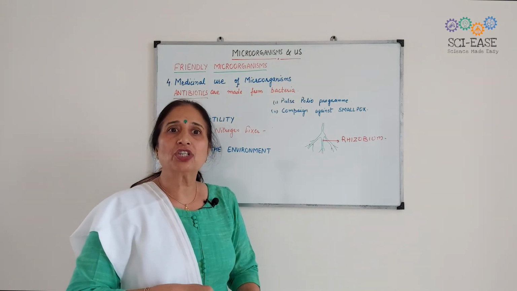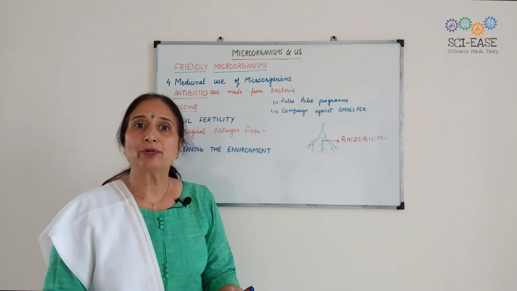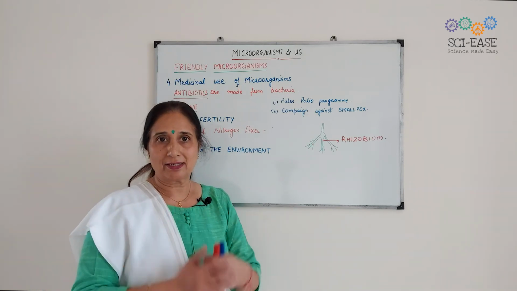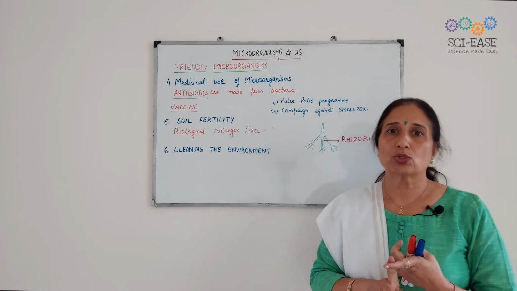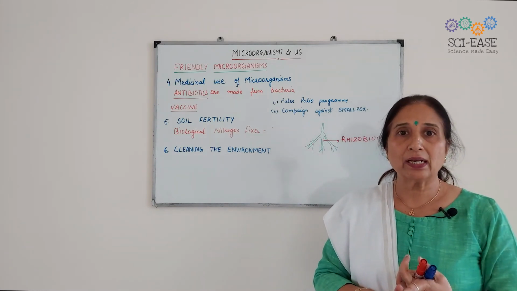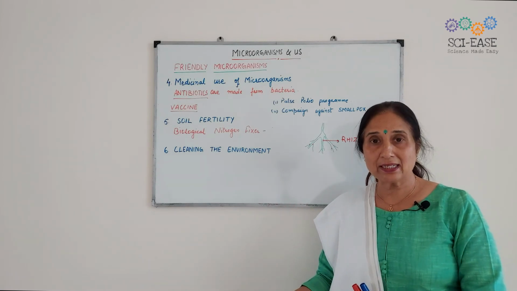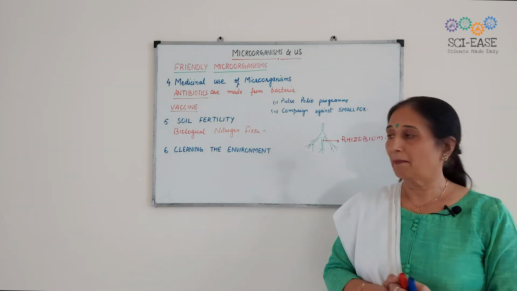What is its function? It fixes the atmospheric nitrogen into nitrates. In the same way, some blue-green algae also fix the atmospheric nitrogen into nitrates, thus increasing the soil fertility.